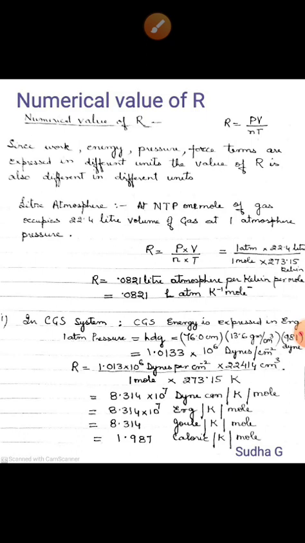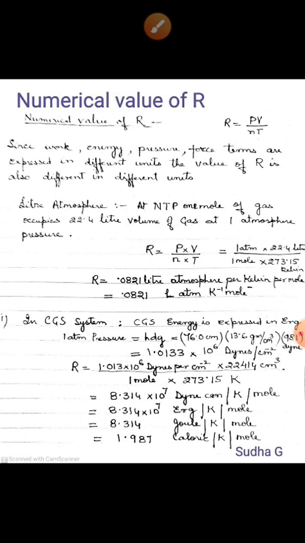This is equal to 0.0821 liter atmosphere per Kelvin per mole. Therefore, this is the numerical value of R in liter atmosphere. Secondly, now in the CGS system, energy is expressed in ergs. We know that pressure is equal to h into d into g, where h is the height of mercury, d is the density of mercury, and g is the gravitational acceleration, when measured by a barometer.